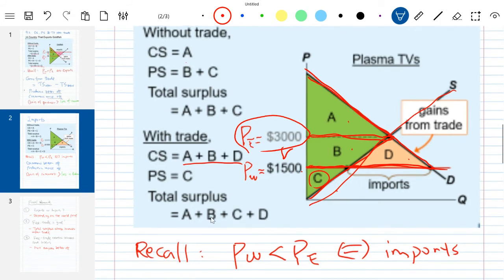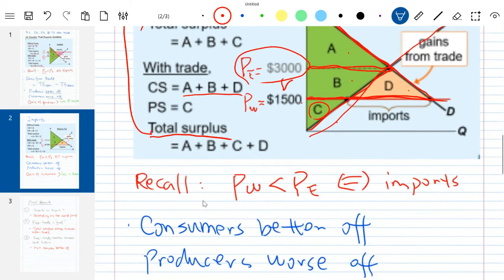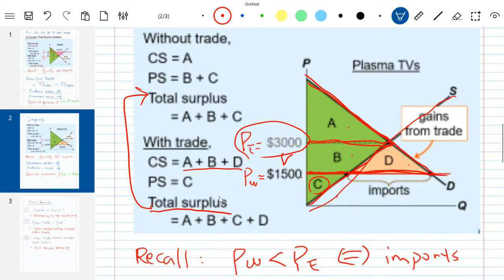Again, in this importing case, we find the total surplus after the trade is greater than the total surplus before the trade. So again, in this case, this country is actually better off from importing because the total surplus has gone up after this country decided to do imports.